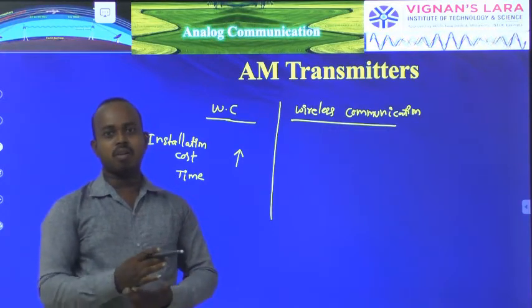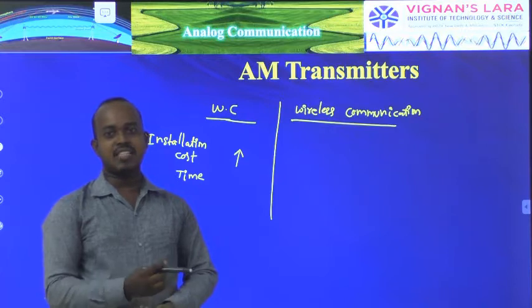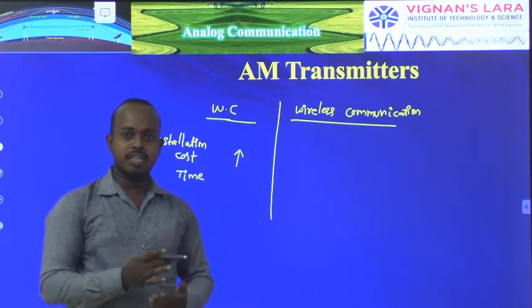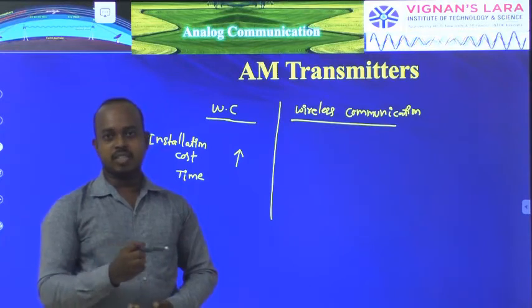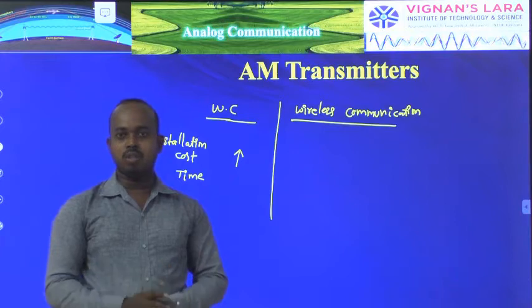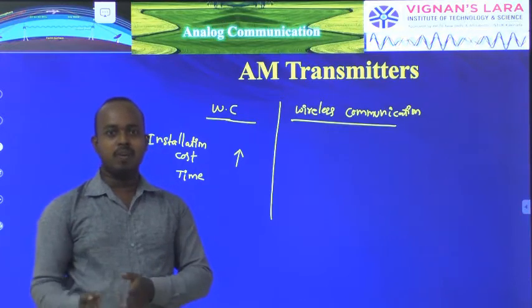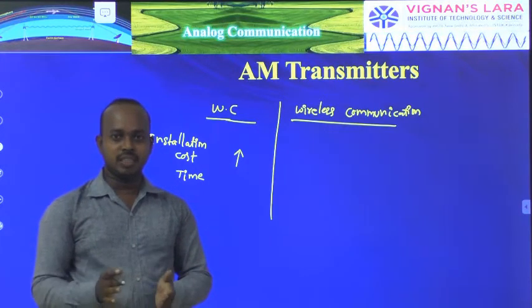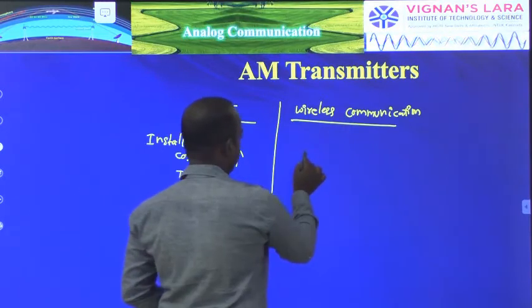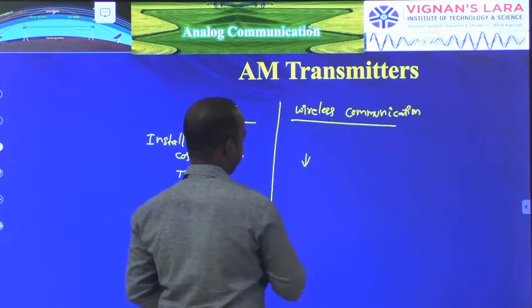The combination of a transmitter and receiver we call a transceiver. The transceivers we launch in particular areas, and the signal will entirely cover them. So the cost is very less in wireless communication.